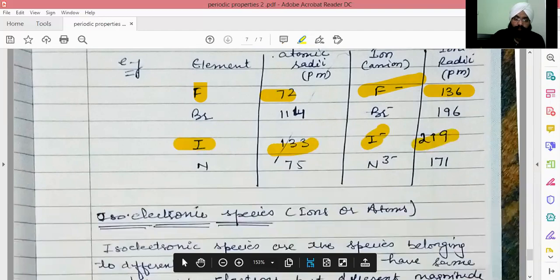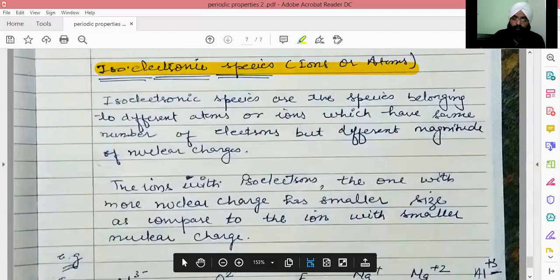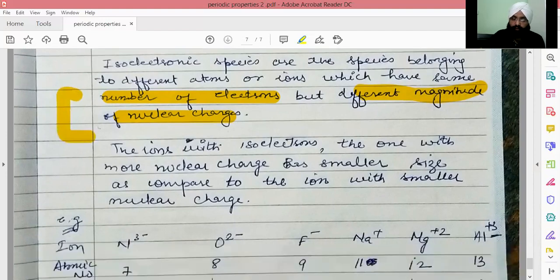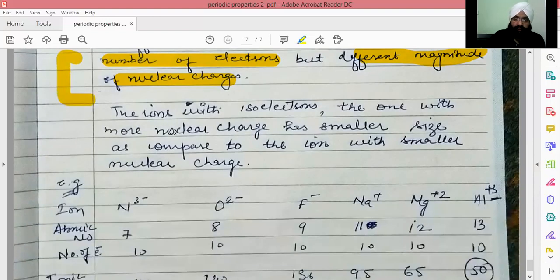Right. Next topic is isoelectronic species, ions or atoms. Isoelectronic species are those which contain the same number of electrons but different magnitude of nuclear charge. Note, different magnitude of nuclear charge. So the ions which are isoelectronic with more nuclear charge have smaller size compared to the others.